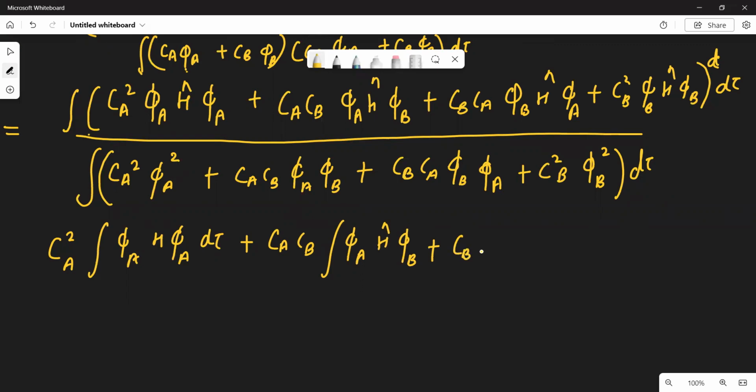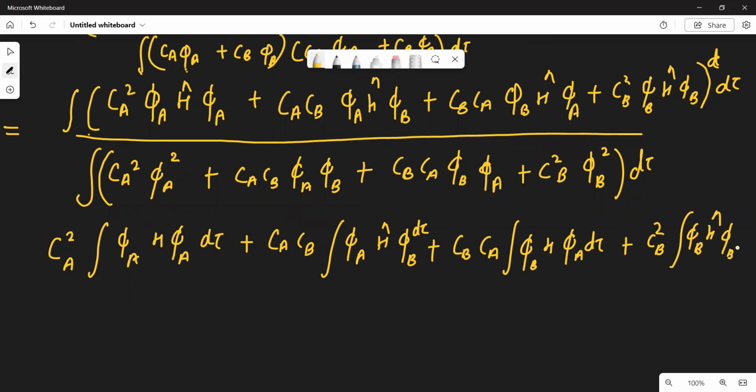Again Cb Ca phi B H phi A d tau plus Cb square phi B H cap phi B d tau. So here we have separated integrals.